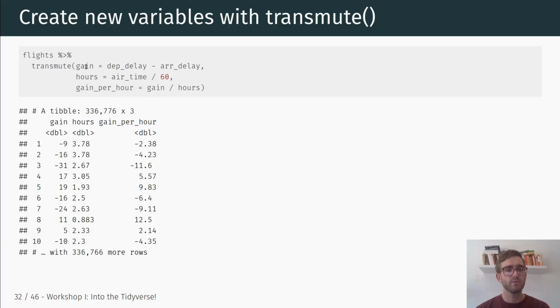So we're creating the variable gain, we're creating the variable hours, and then we can immediately create a third variable, gain per hour, that is based on these two variables that we previously created, okay? And the output of that set of commands is again a data frame that now only consists of those three variables that we created with transmute.